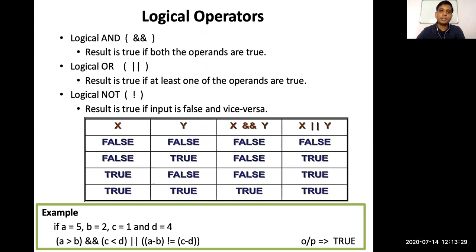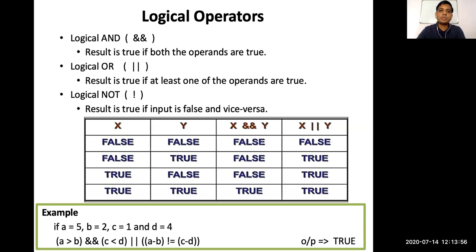The next operator is the logical operator. The logical operator is generally used to combine two conditions. If you want to check more than one condition at a time, then you should combine them using the logical operator. AND operator means if two conditions are there, and both conditions are true, then only you execute something.